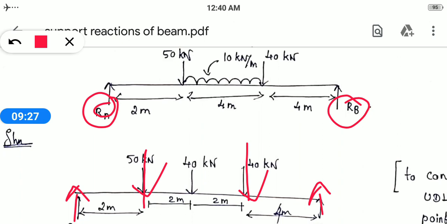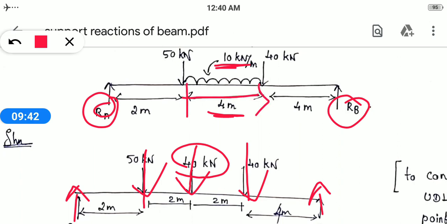How will you convert? W into L. W is 10, L is 3Ā so I had converted it into a point load of 40 kilonewton. Where will it be located? It will be located at the center. So what is the center of 4 meter? It is 2 meter. So we plotted 2 meter and 2 meter on either side of the point load.